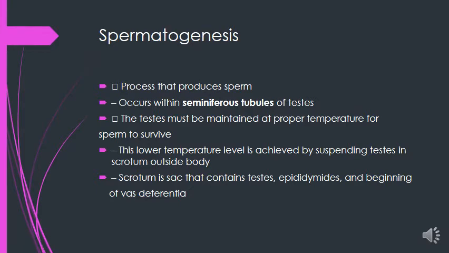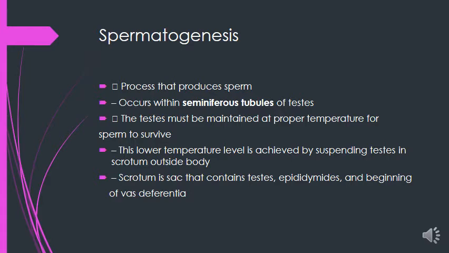Okay, so now next we have spermatogenesis. It is not quite that simple, but we have to try to understand what spermatogenesis is and how it occurs in our body. So when we talk about spermatogenesis, what is it? It is the process of formation of a sperm, or we can say the process of formation of a sperm is known as spermatogenesis.